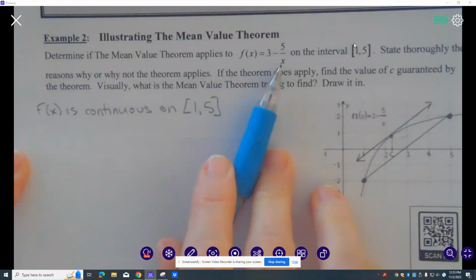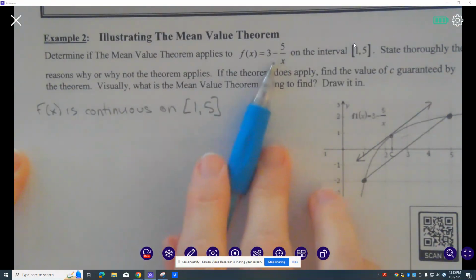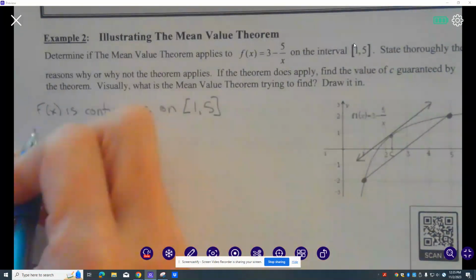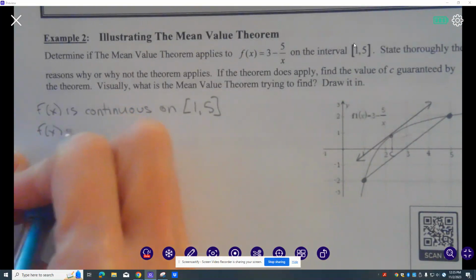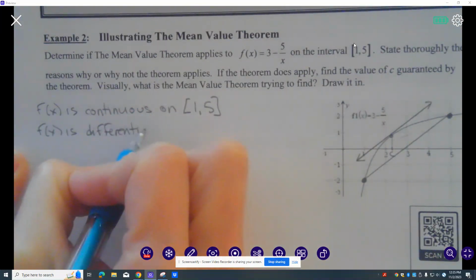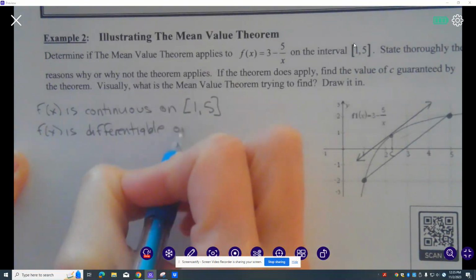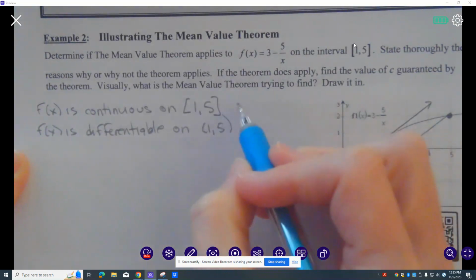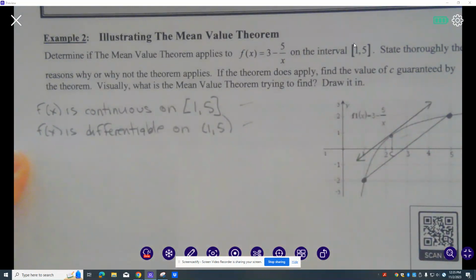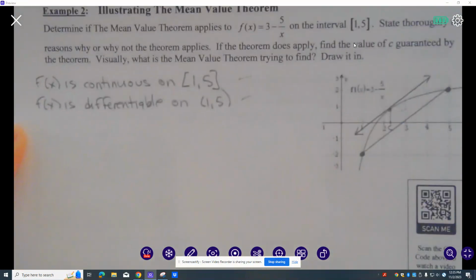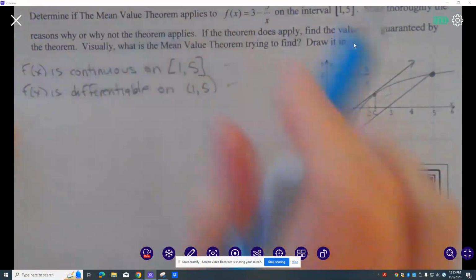And it's also differentiable. It looks polynomial-ish once you get beyond the x equals 0. So f of x is differentiable on the open interval 1 to 5. Okay, so those are basically the requirements of mean value theorem, continuous and differentiable. So it does apply, so I've kind of answered the first question up here.